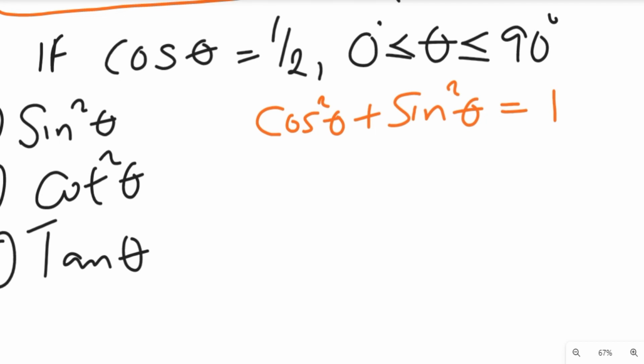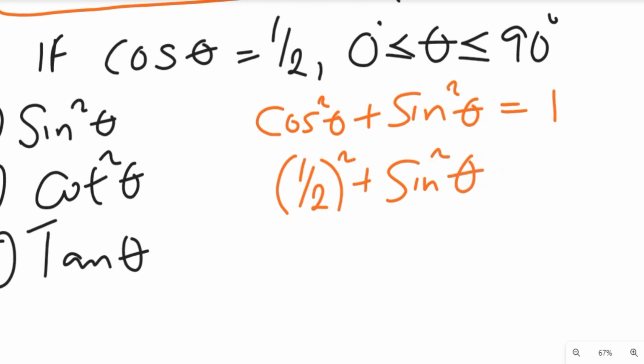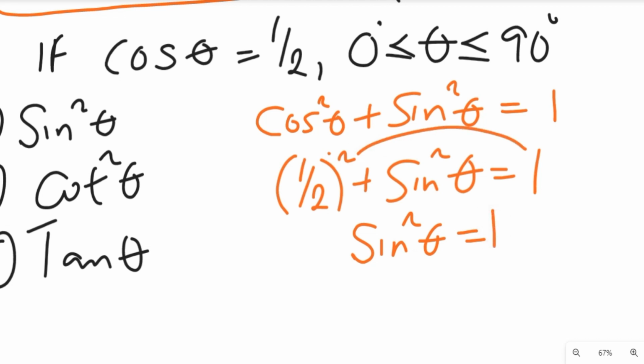And we've already been given that cos theta is 1 over 2. So we'll have 1 divided by 2 squared plus sine square theta equal to 1. So sine square theta will be equal to 1 minus 1 divided by what? 4, because 1 square is 1 and 2 square is equal to 4.